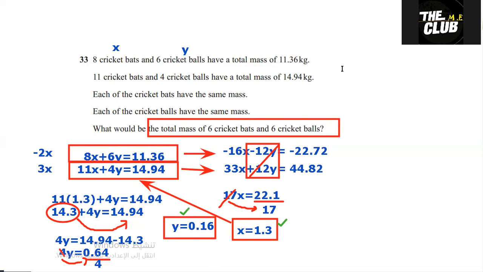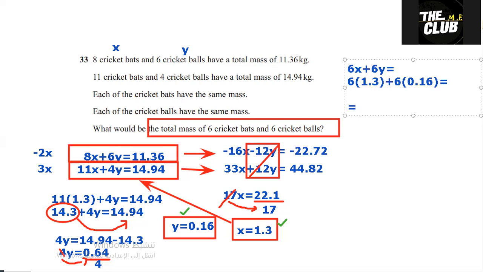So this one says what? 6x plus 6y equals, we said x equals 1.3, so 6 multiplied by 1.3, and then added to 6 multiplied by 0.16, because y is 0.16.